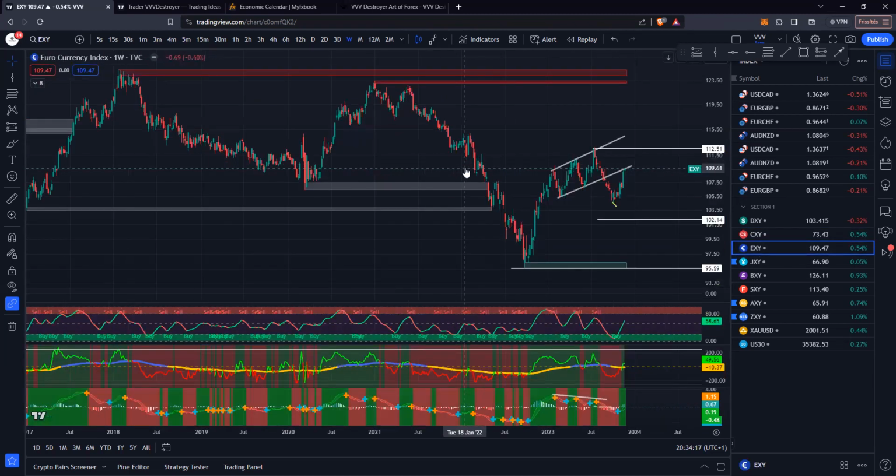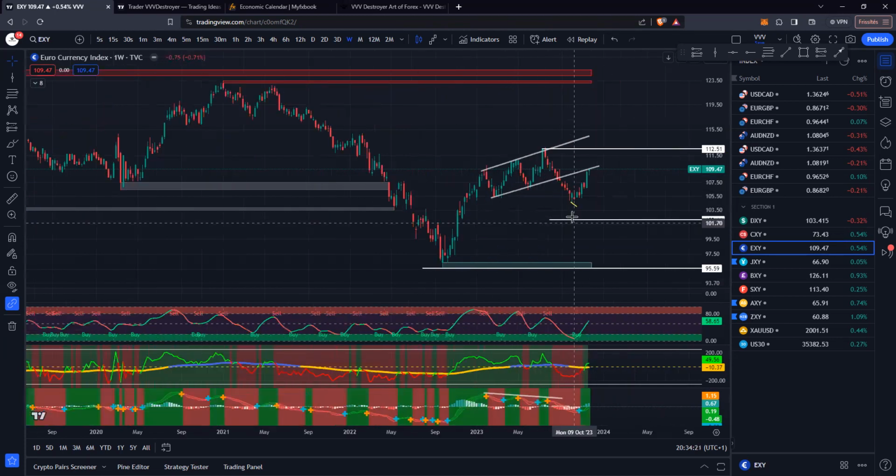Then AXY. The AXY is kind of like the DXY in inverse, and I drew here a possibility for a break and retest on the trend line.